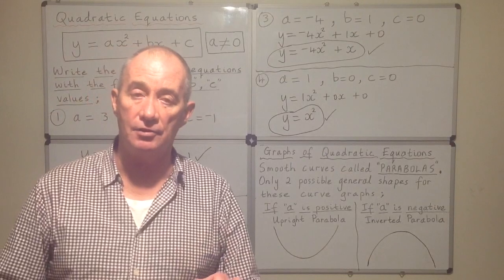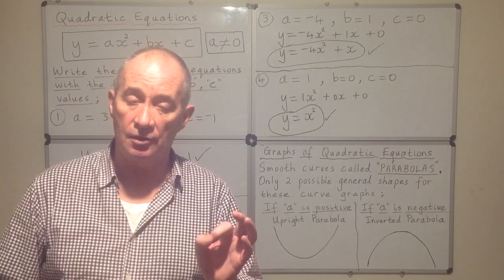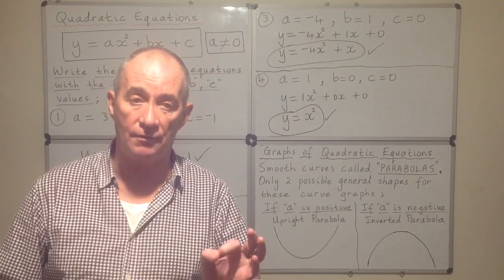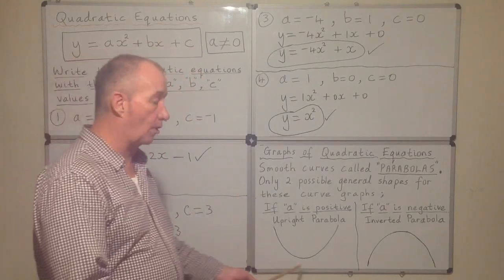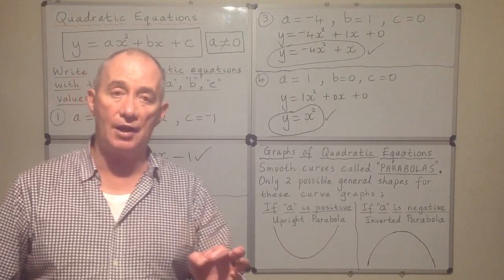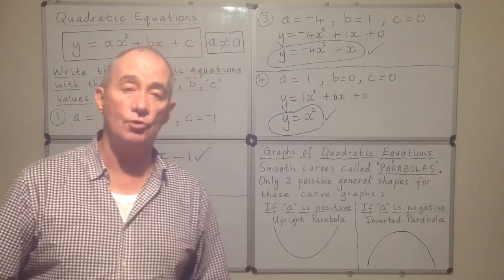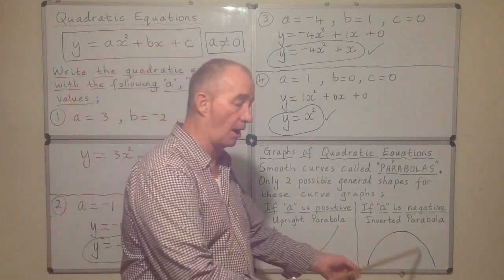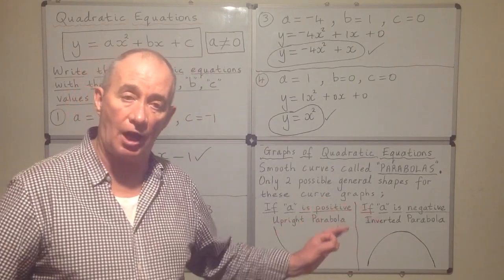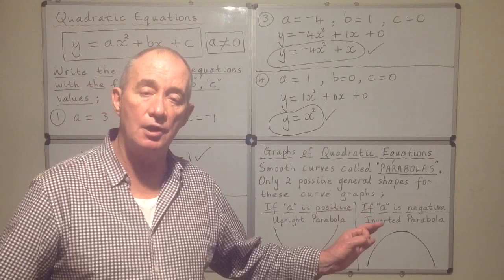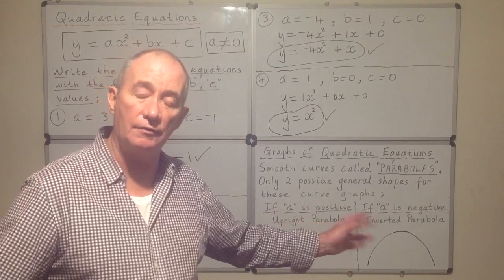If the a value is positive, or if a is any positive number, the sort of graph you'll get is an upright parabola. If the a value is any negative number, in other words, if the a value is negative, the sort of graph you'll get is an inverted parabola, like that. So they're the two possible general shapes. There's only two possible general shapes for the graphs of quadratic equations: an upright parabola or an inverted parabola.